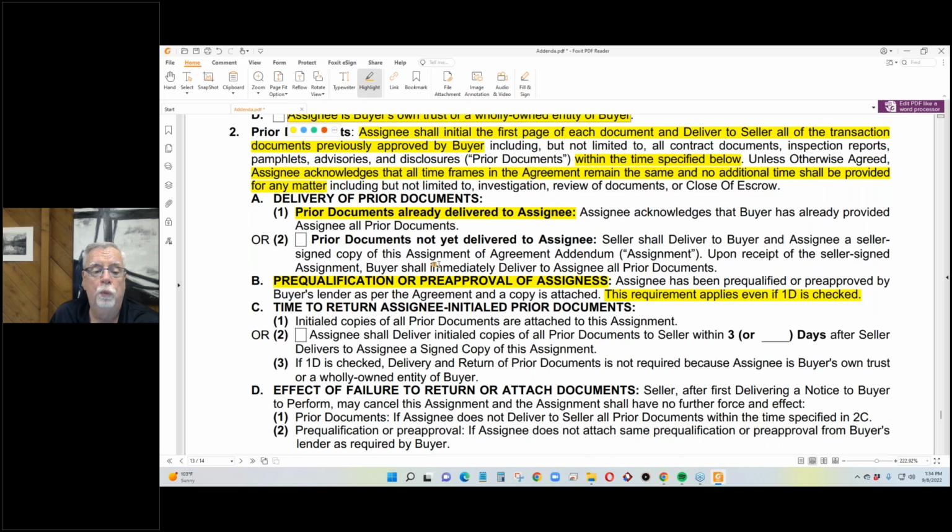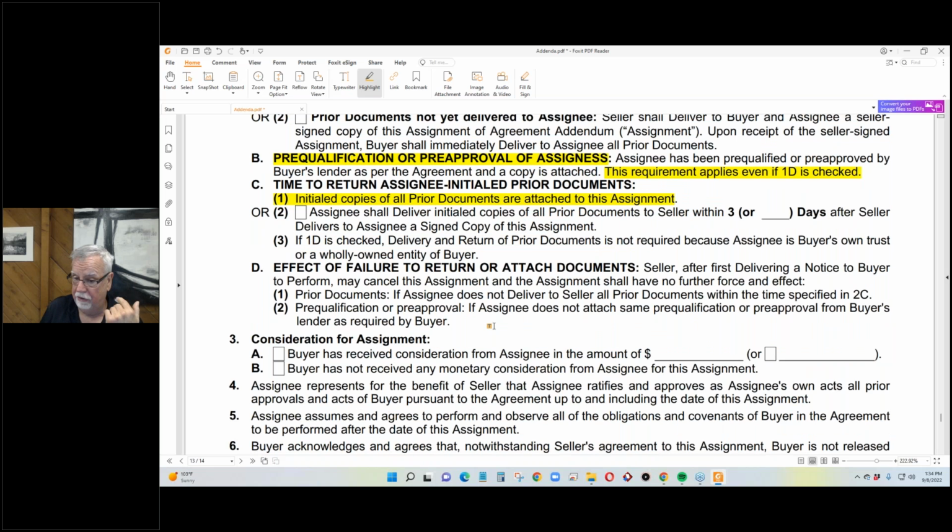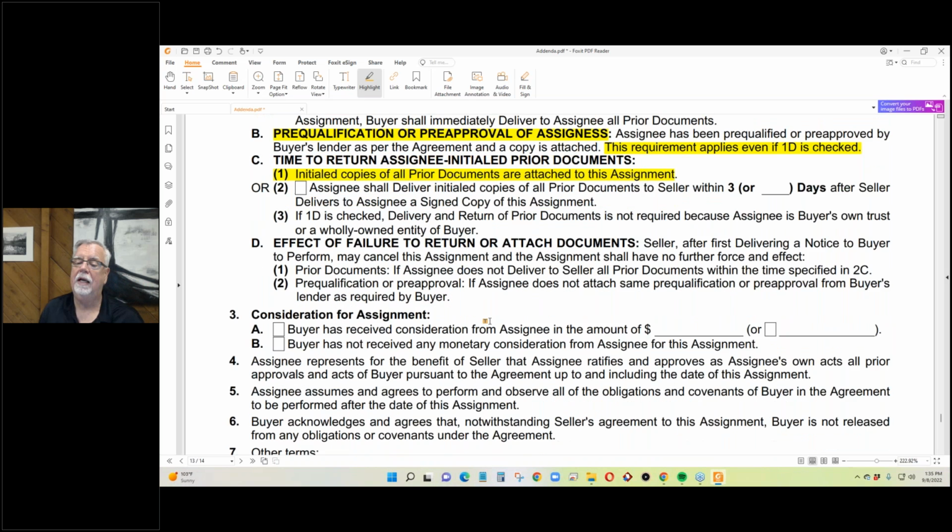And what would be way better, and is the default setting, is that you've given the assignee all of the documents, they've signed everything, and you're giving it to the listing agent all together. If they don't do this, sign everything and turn it in, then the assignment can be canceled.